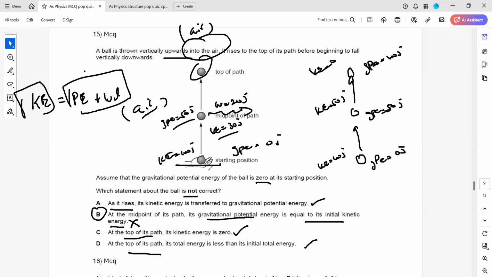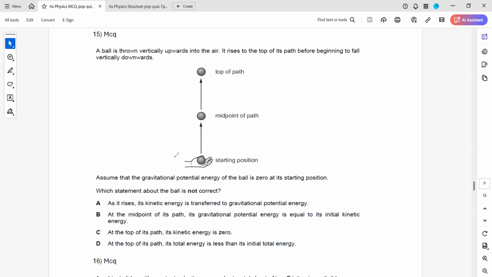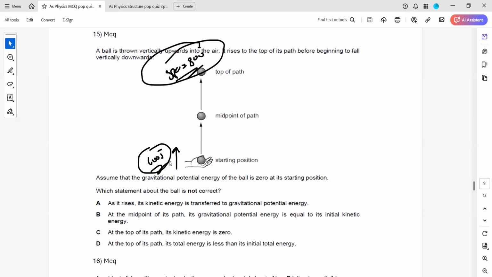Because it is losing some energy, if the initial energy was 100, the gravitational potential energy will not be 100, it will be less than 100. So the total energy at the top will not be equal to the energy at the beginning. That is why D is also a right statement.